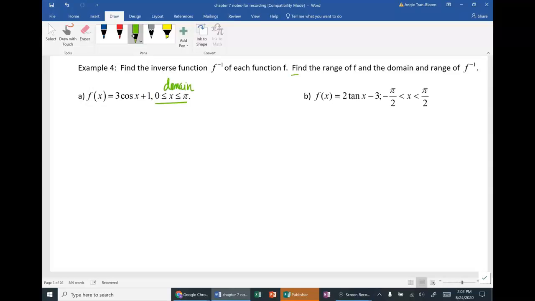That's why the instruction says only find the range of f, because the domain's already provided for us. So to find the inverse, we will switch x and y. This is f of x, which is the same as y. We will make it x equals 3 cosine of y plus 1. Then solve for y.